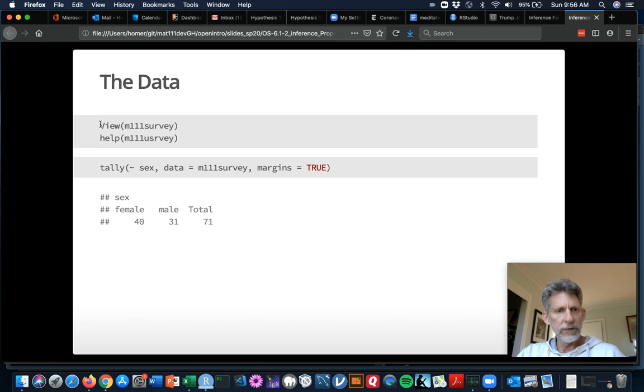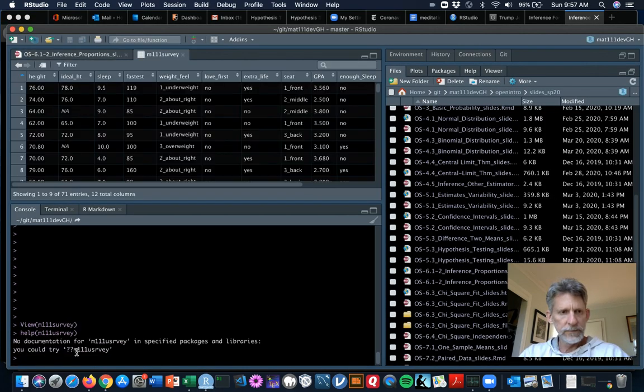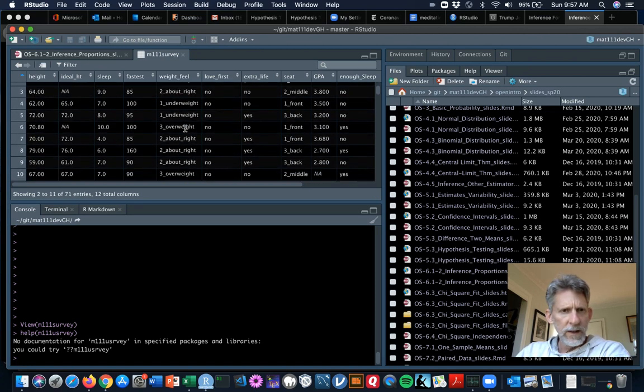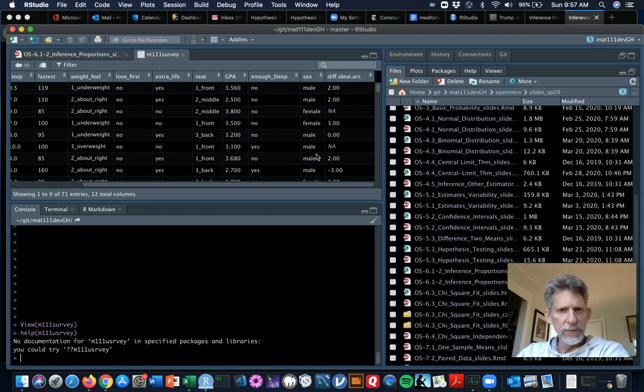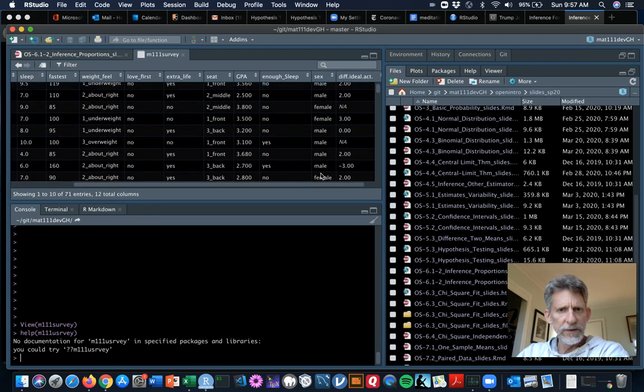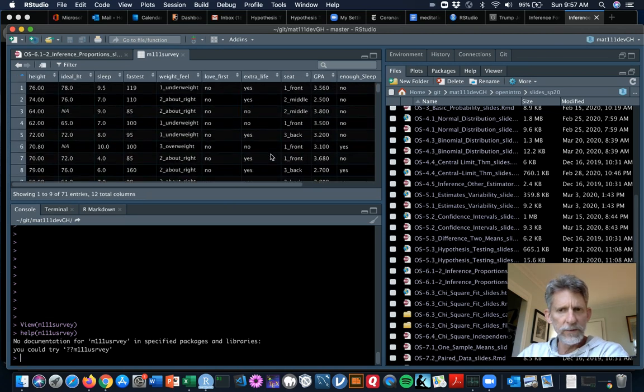And just to model that, I'm going to go ahead and copy and paste into the console of RStudio. And so we get the view up here. And of course, one of the variables is sex, which could be either male or female, are the values for these 71 students.